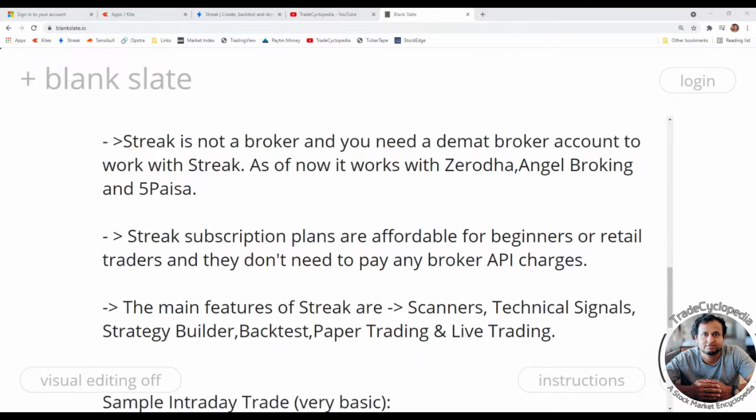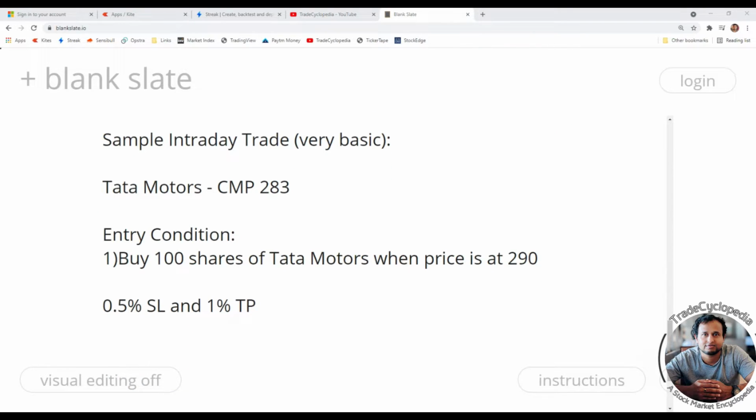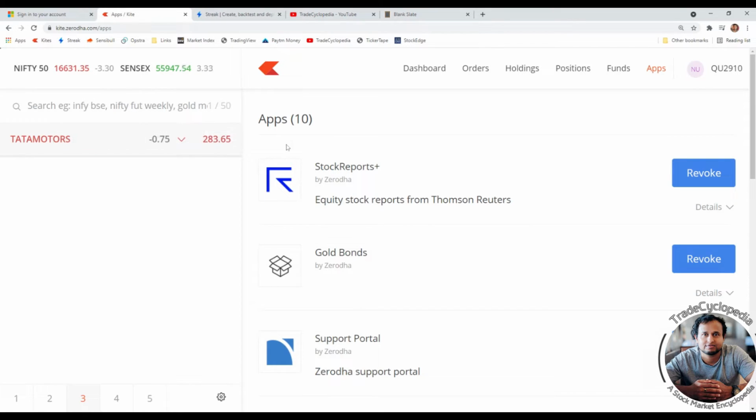But in this video, I'll simply show you one very basic entry condition of Streak, just to show you how it works on a basic, simple intraday trade. That is a sample one, I'm trying to test it with Tata Motors. The current market price of Tata Motors is 283. So let me quickly check it. Yeah, it's 283.